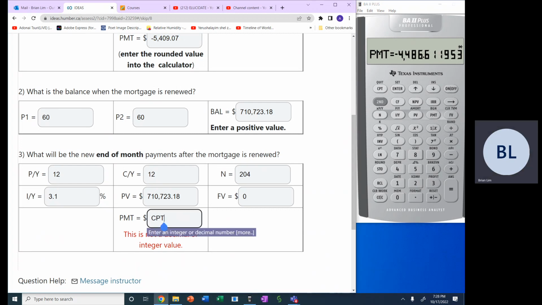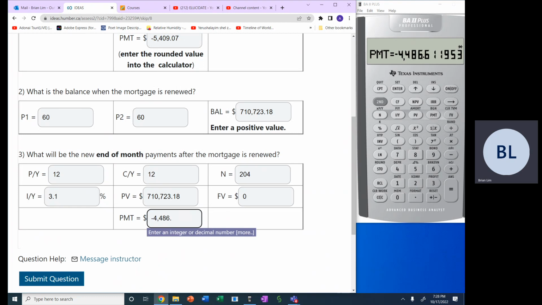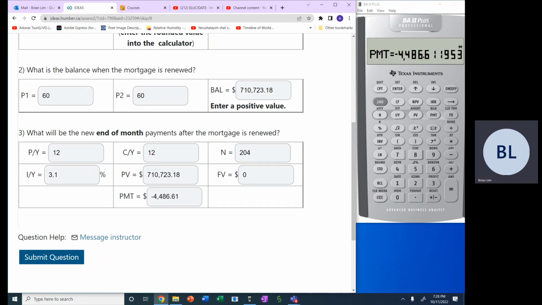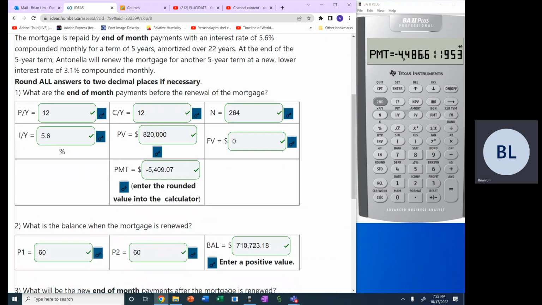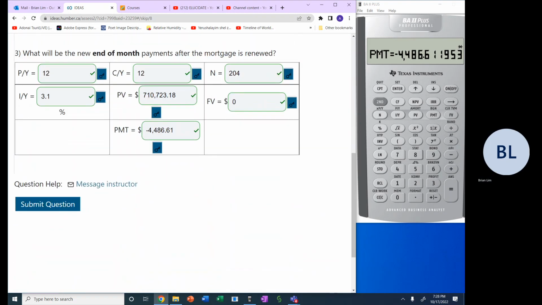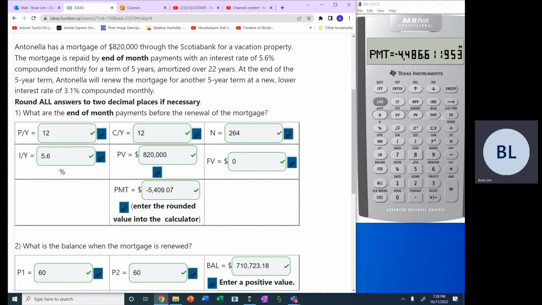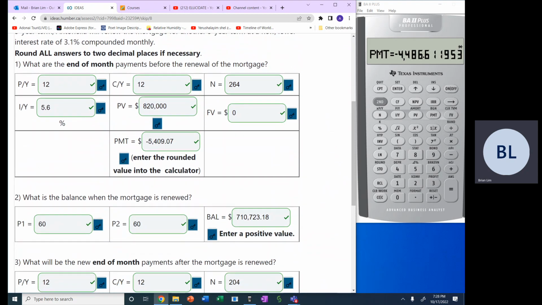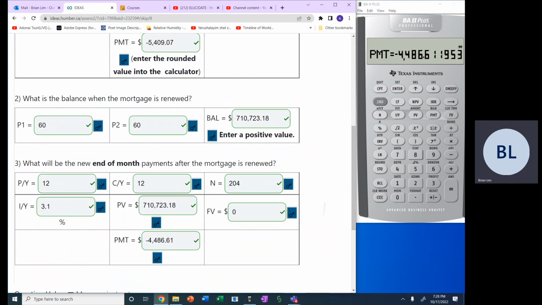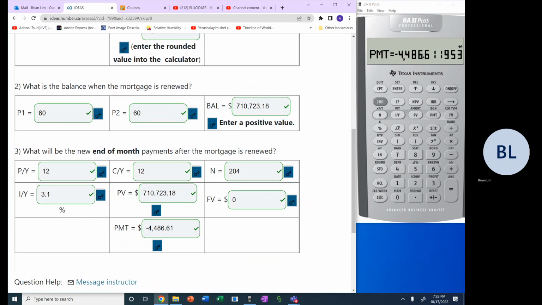And the payment is, you can use the negative sign if you wish in here, $4,486.61. All right, and now hopefully all is well, and let's submit, and we are correct. And that is it. So that is how it works. That is the first part, and then we have the second part here.